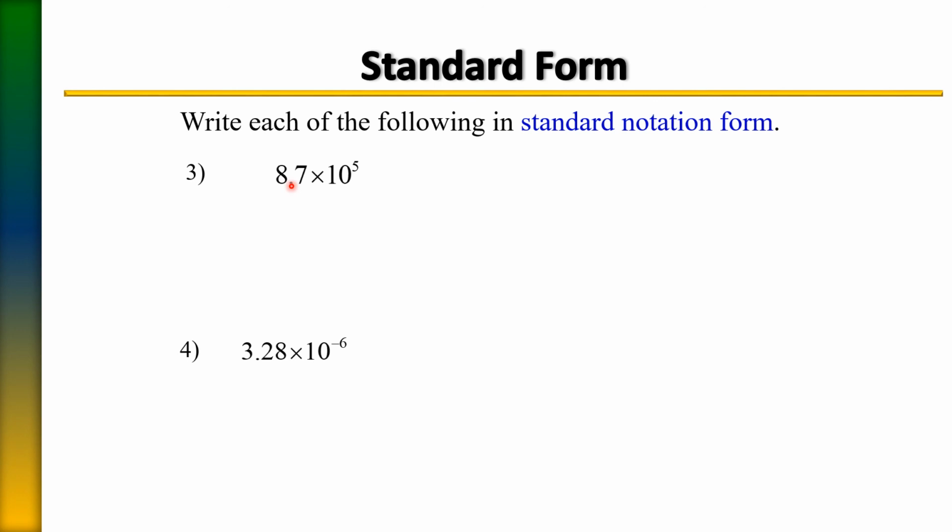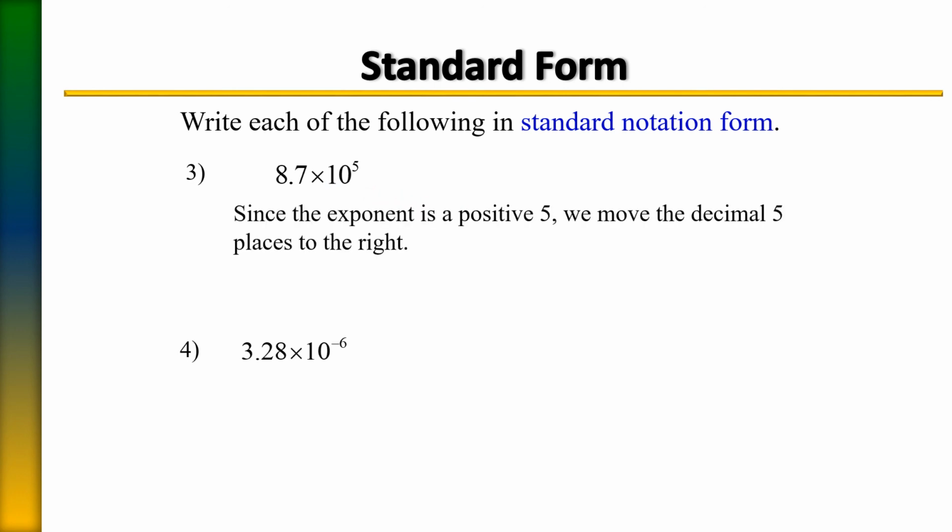From this decimal point, we're going to move 5 places and fill all empty loops with zeros. So 5 to the right. 1, 2, 3, 4, 5. When we do so, it's going to look like so. The number, you notice, is much bigger. It becomes 870,000. It started out with 8.7.